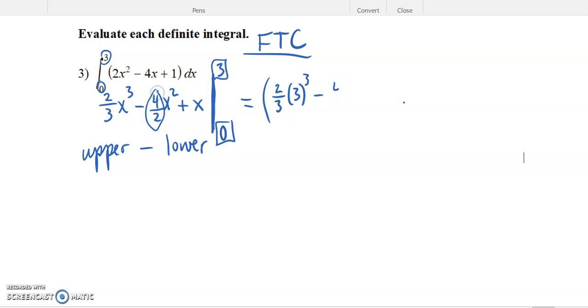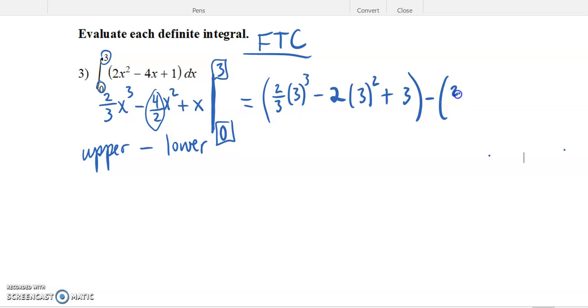Well, 4/2 is just 2, so I'm just going to write 2 times 3 squared plus 3. So that's inserting my upper bound. And then I'm going to subtract from it the value when I plug in 0.